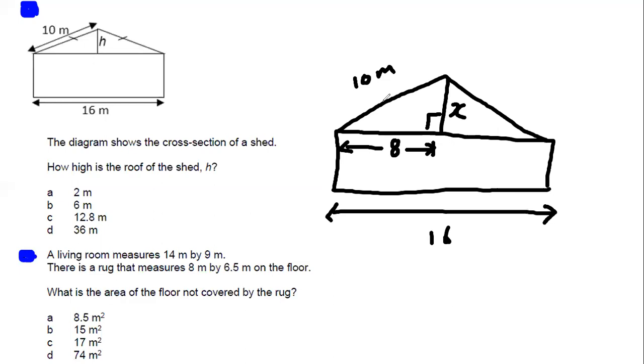We find a side when two sides are given. Sometimes you can find the long side, which is the hypotenuse, and sometimes you can find the short side, which are the adjacent and the opposite.